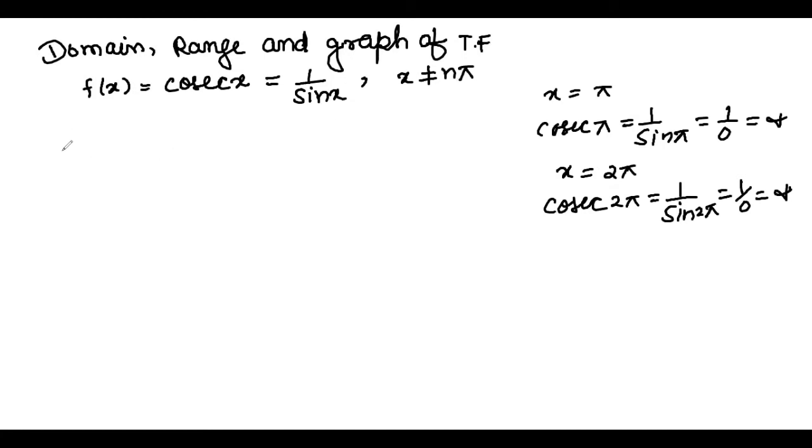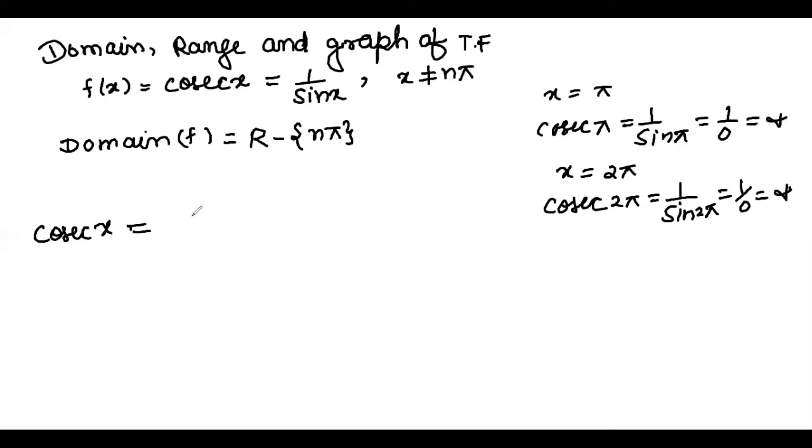So the domain for the function f is all real numbers except n pi. This is the domain value. Now we'll discuss the range value. We know that cosec x equals 1 by sin x, and the range of sin x is the closed interval -1 to 1.